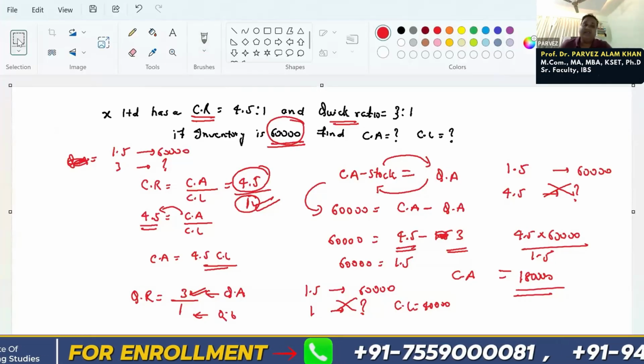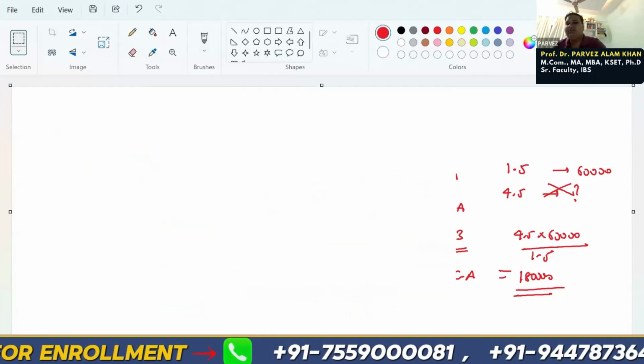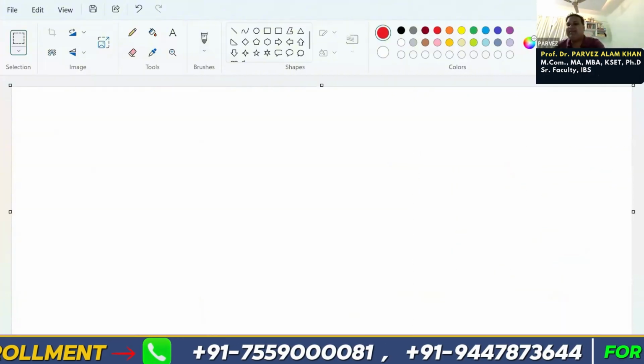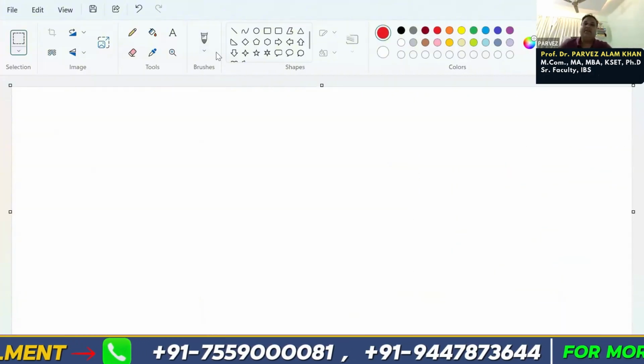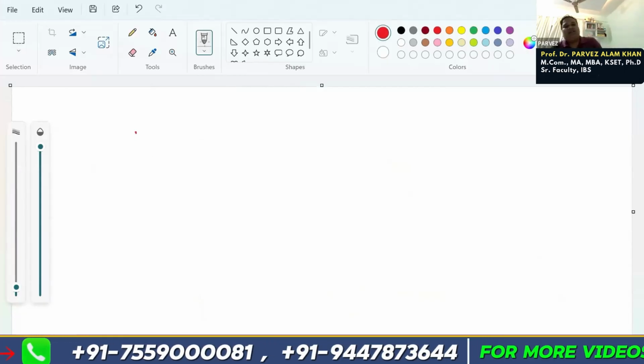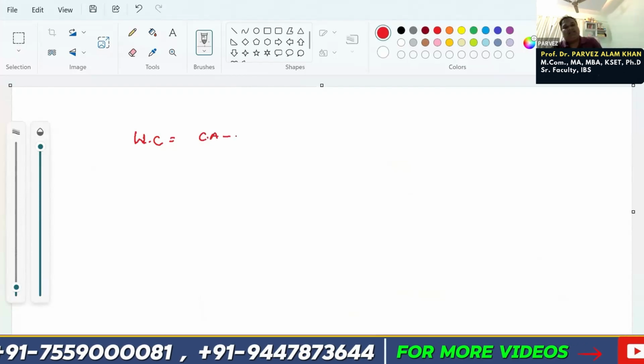because all questions can't be very easy. Okay. Then one more small concept you can remember, that is called working capital, right? A separate chapter is also there for working capital, but here in ratio you should remember that working capital means current asset minus current liabilities.